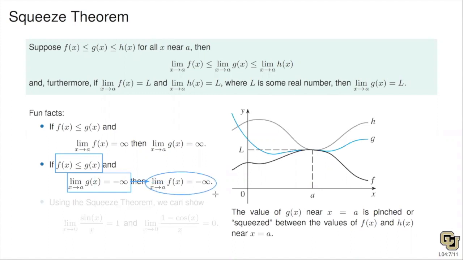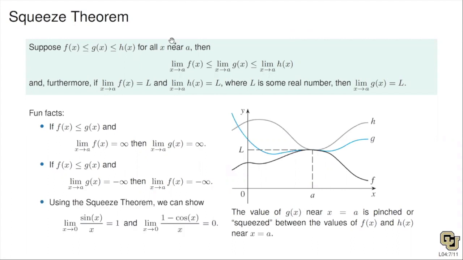That's the only way f can still be less than or equal to g. We'll come across these later, not necessarily right now, but I want you to keep these in mind. This is also a variation of the squeeze theorem. Usually what's in the green box is typically taught as the squeeze theorem, but there are also these subtle variations.